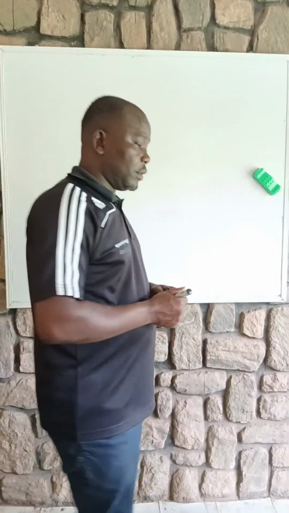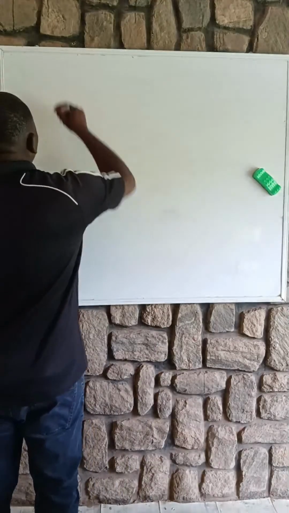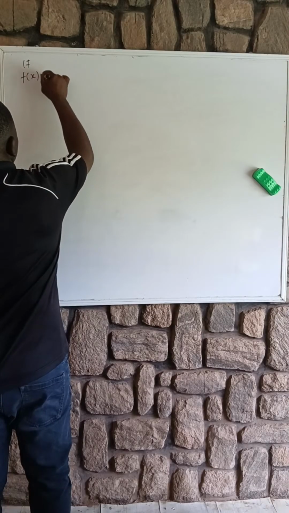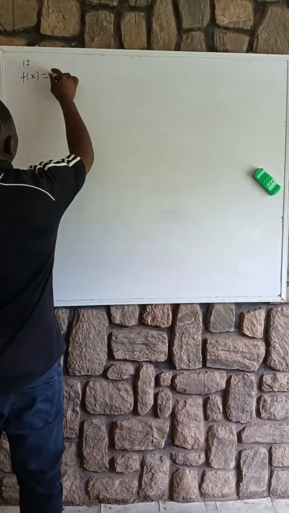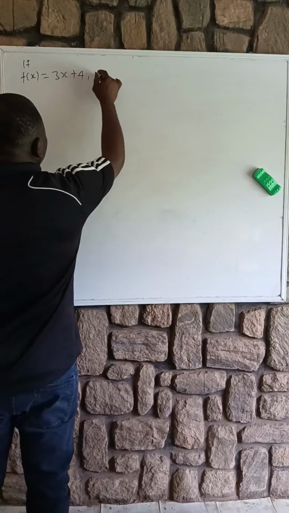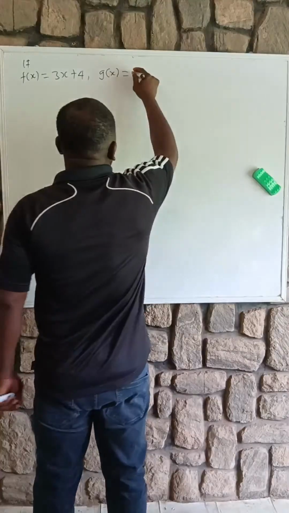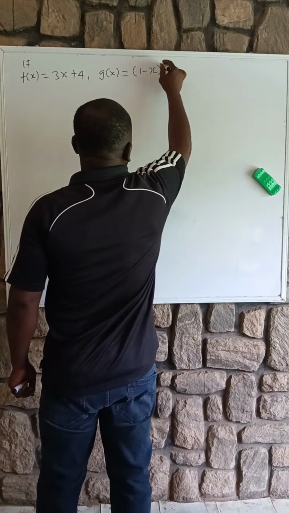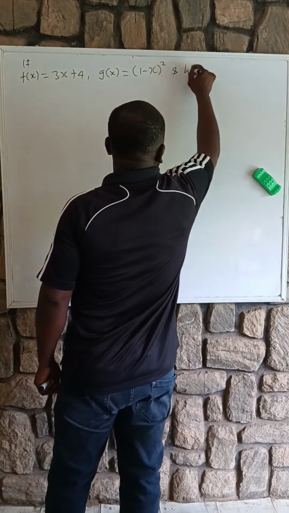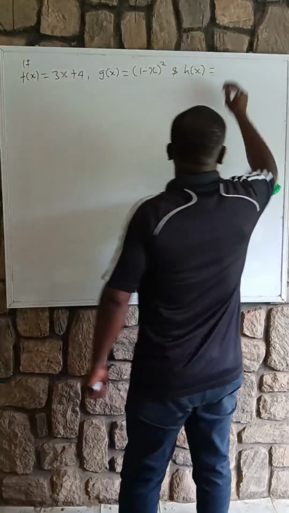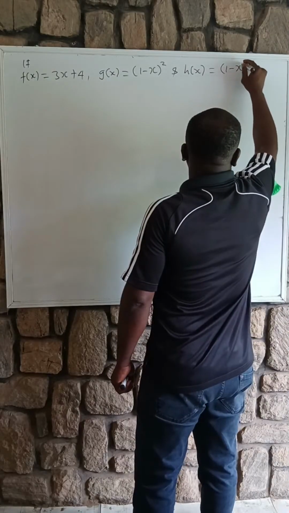One of the assignments, we have a series of assignments here on composite functions. It says if f of x is equal to 3x plus 4, g of x is equal to (1 minus x) all squared, and h of x is equal to 1 minus x.